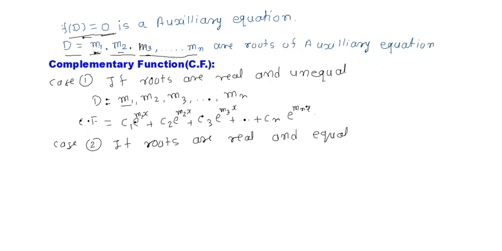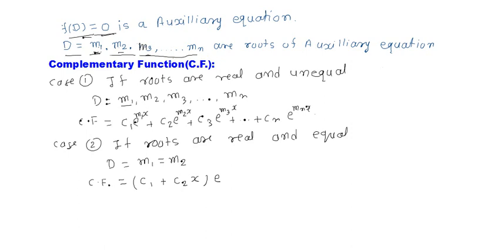So see, if two roots are equal, meaning D equal to m1 equal to m2, then CF is as follows. Since there are two roots, there would be two constants C1 and C2, but multiplying by the independent variable, only one constant C1 or C2 remains. So we multiply here x and take the bracket.